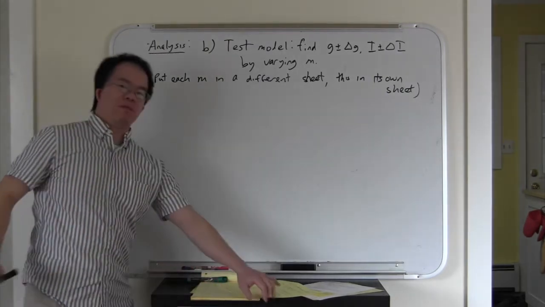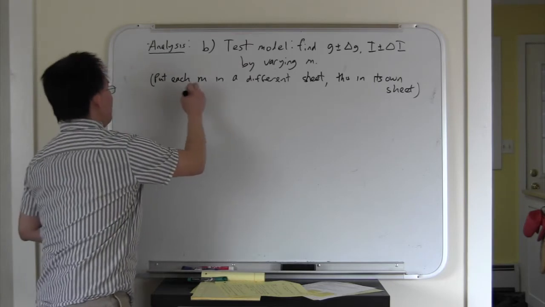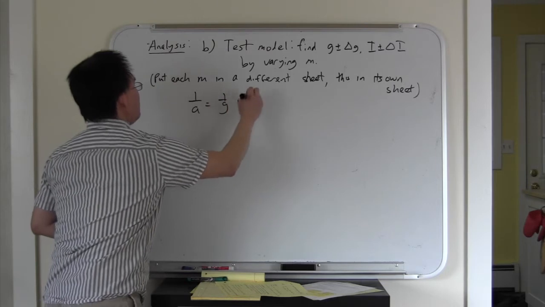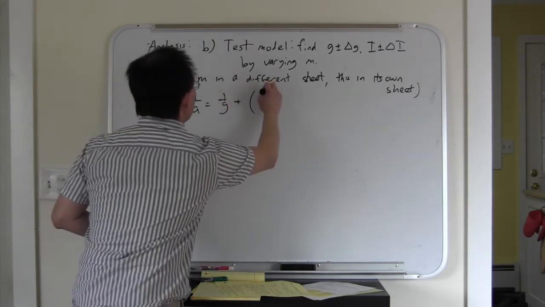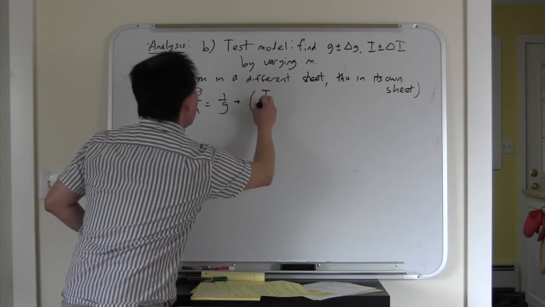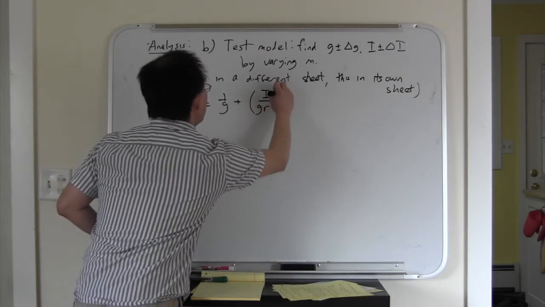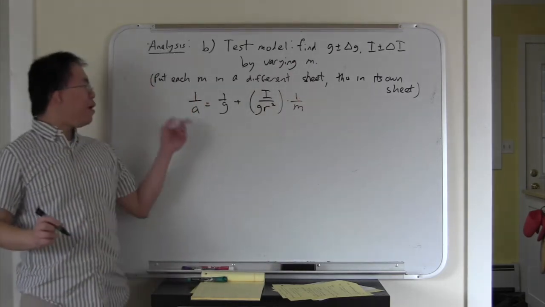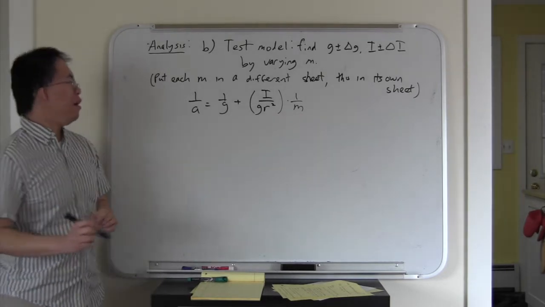Again, our model ends up being 1 over A goes like 1 over G plus I over G R squared times 1 over my mass. So as we said before, I want to plot 1 over A versus 1 over M.